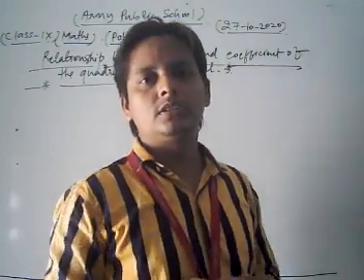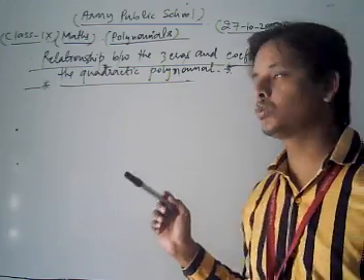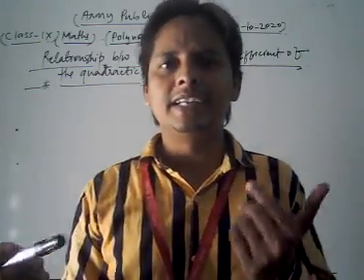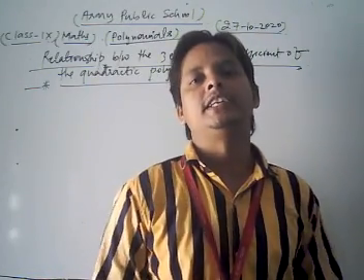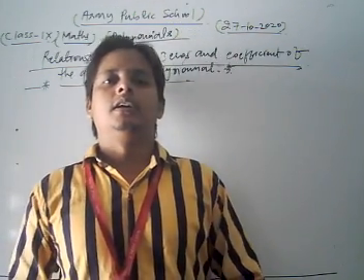We are going to discuss a very important topic, the relationship between the zeros and the coefficients of the quadratic polynomial. First of all, we take a quadratic polynomial, and alpha and beta are the zeros of the given one.